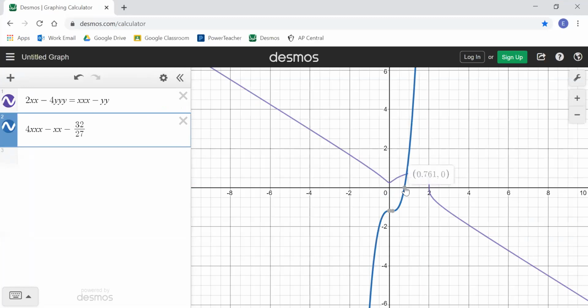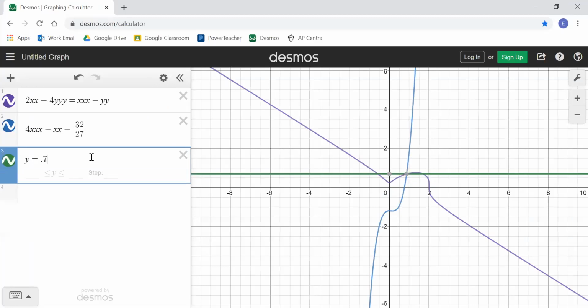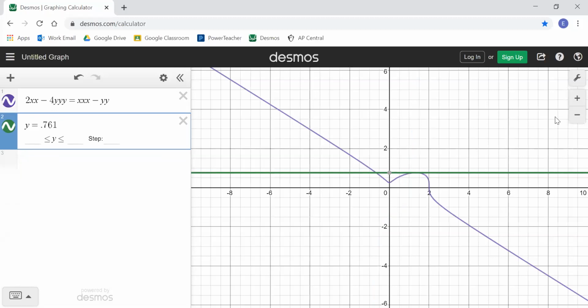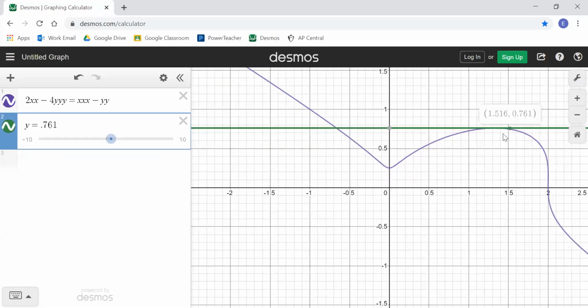That gives us a value of approximately 0.761. So if we type in y equals 0.761 approximately, we should see that we're just slightly off, but basically that's this horizontal tangent line right up here. Everybody see that?